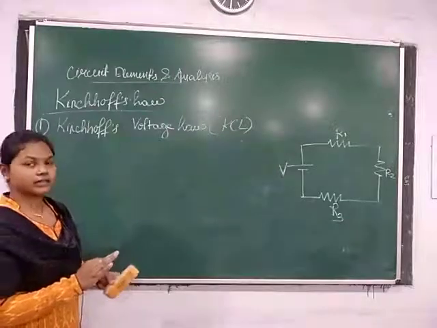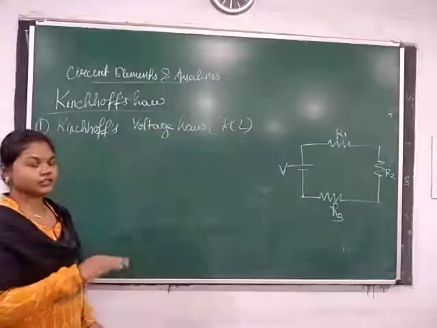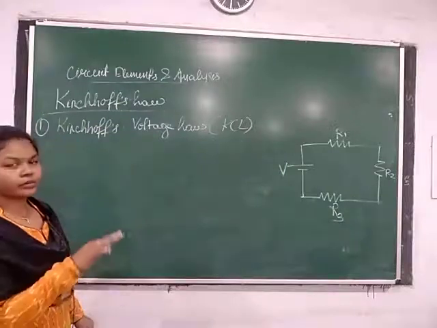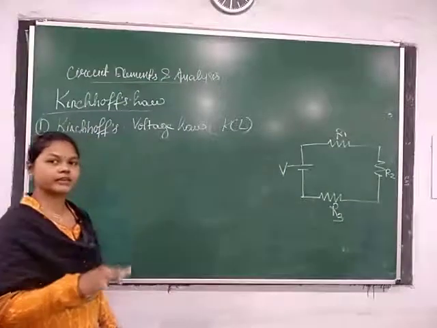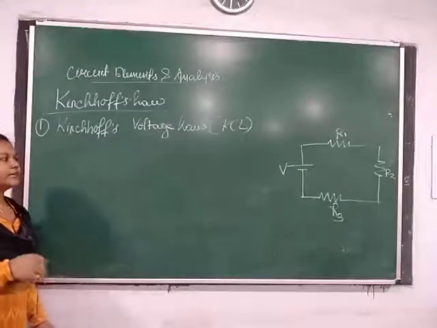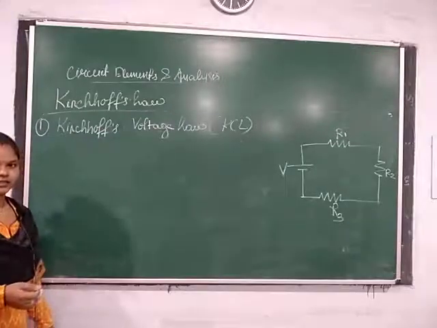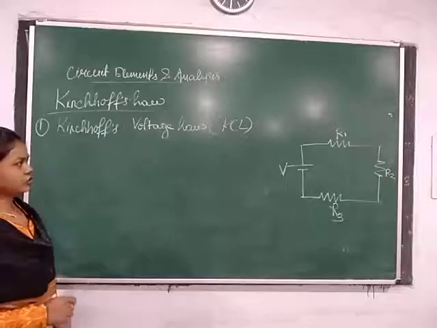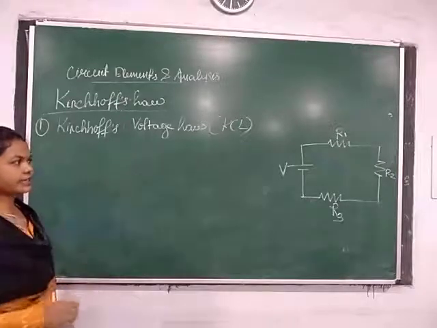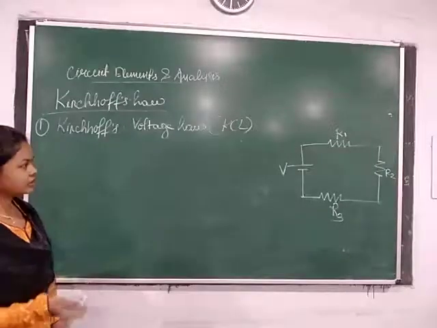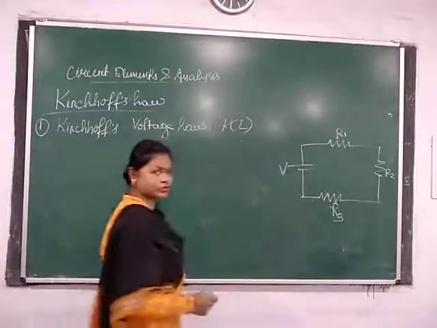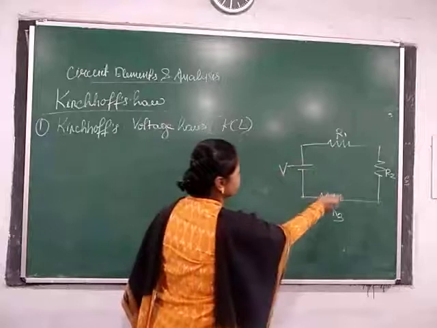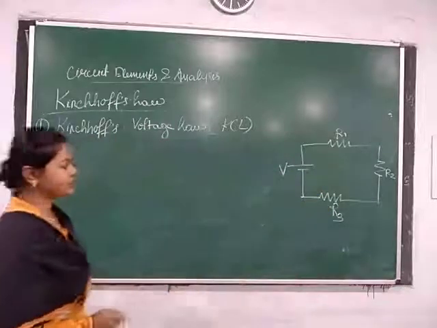Active elements have the capacity to generate net amount of power, and passive elements do not have the capacity to generate power or energy. So as it is a circuit, current is flowing from this source to other elements.